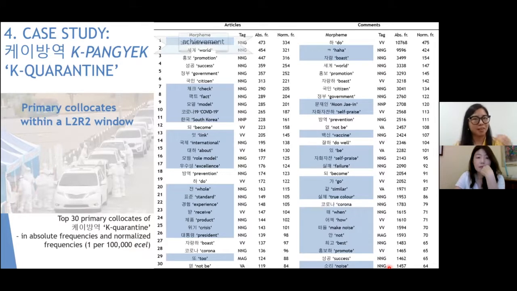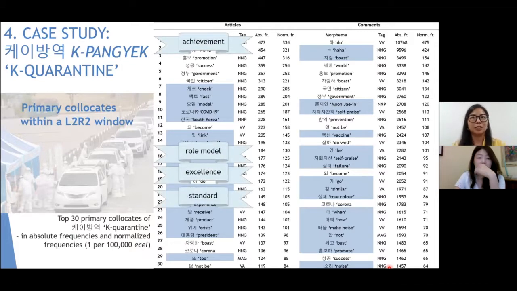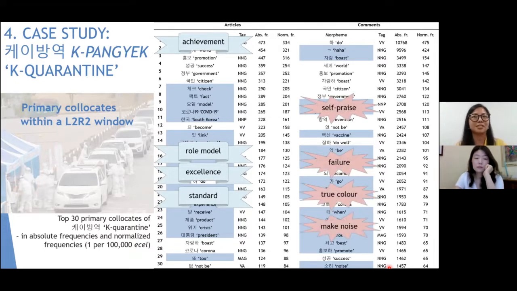So in the case of articles, exclusive keywords such as achievement, role model, excellence, and standard show a positive evaluation, while in the comments, evaluations sound more negative with collocates such as self-praise, failure, true color, and make noise, for example.